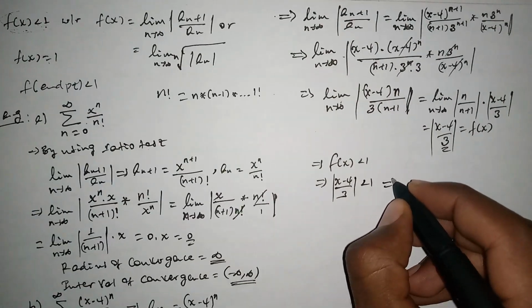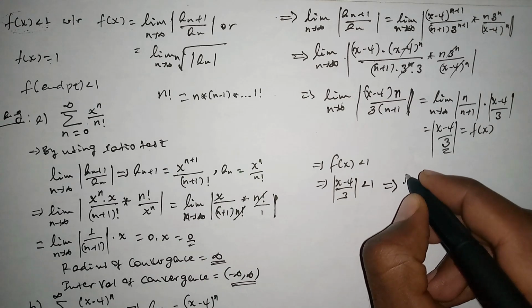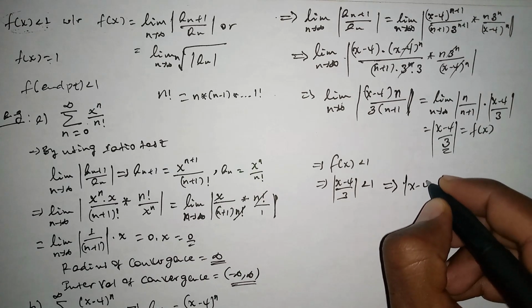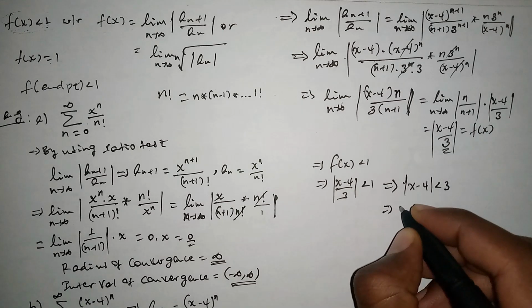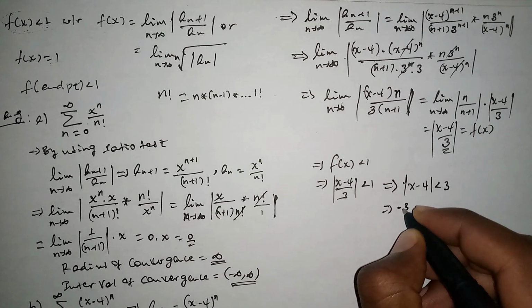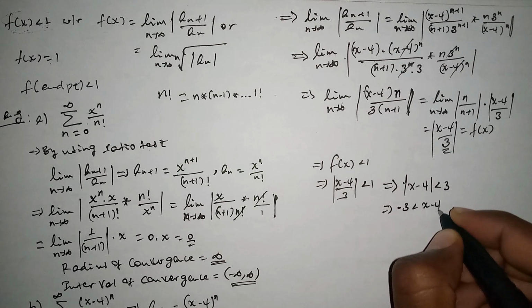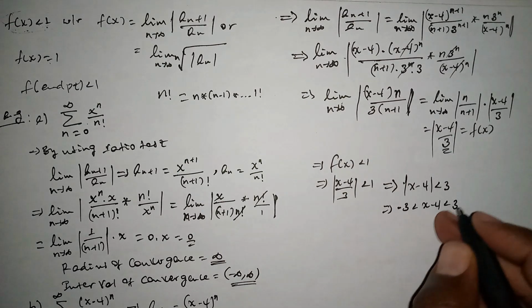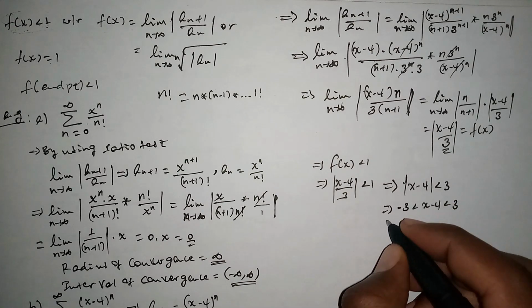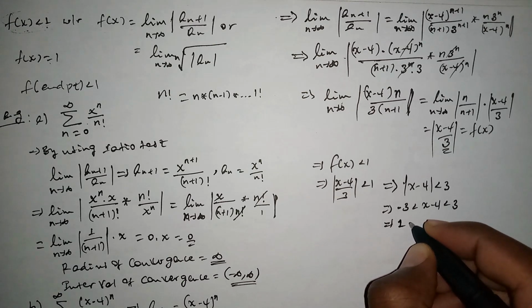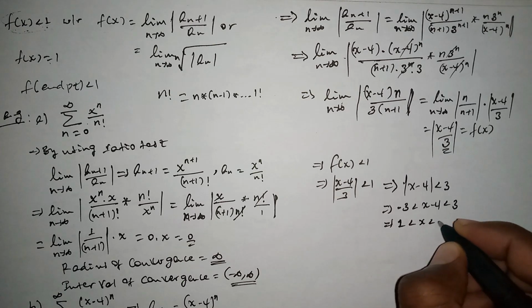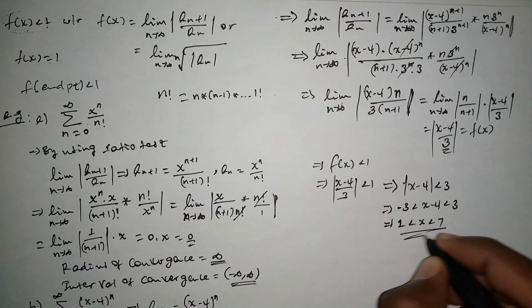From here, the absolute value of x minus 4 is less than 3. This results in negative 3 less than x minus 4 less than 3. By adding 4 to both sides, we have 1 less than x less than 7.